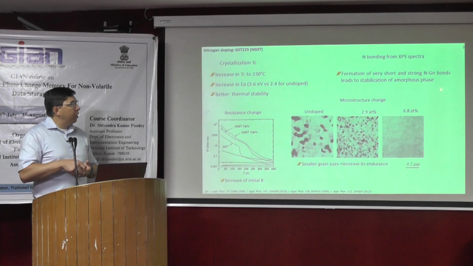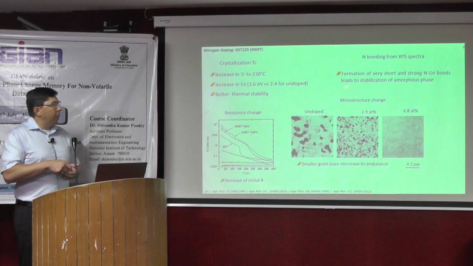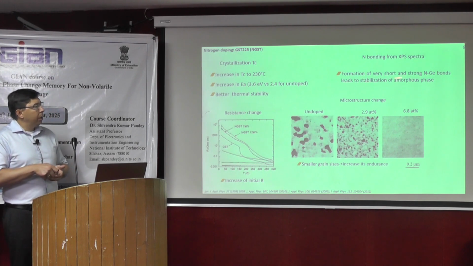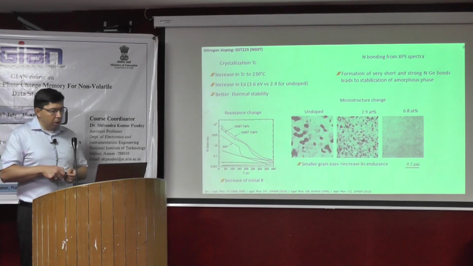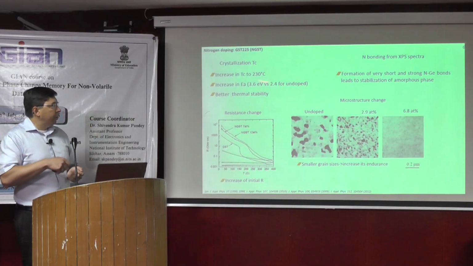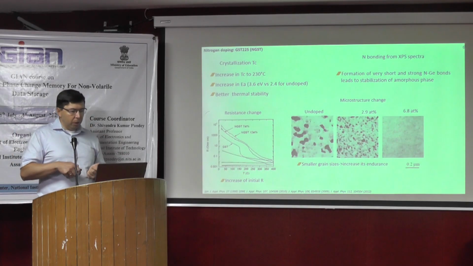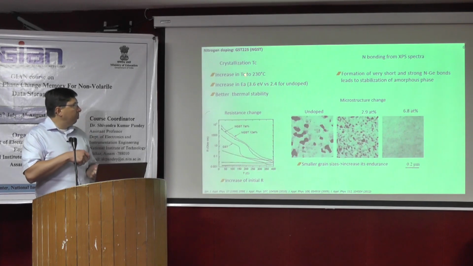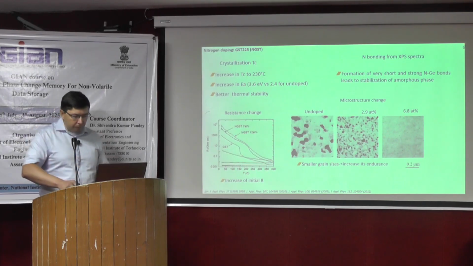And here the nitrogen makes bonds with germanium, and this stabilizes the amorphous phase, because such bonds seem to be stronger than the normal germanium telluride, antimony telluride bonds which are present in the amorphous state. So you see here a large increase of Tc.